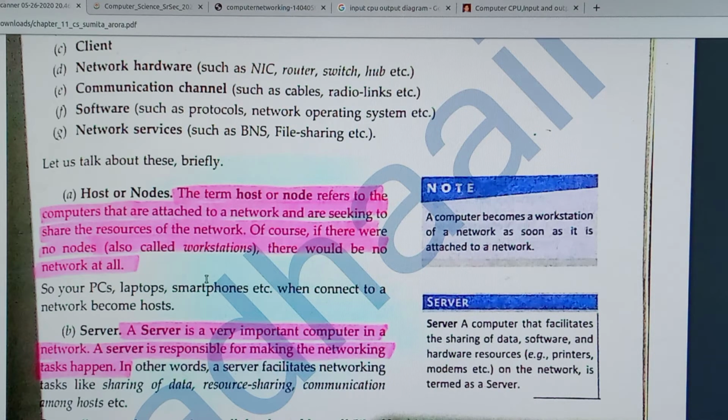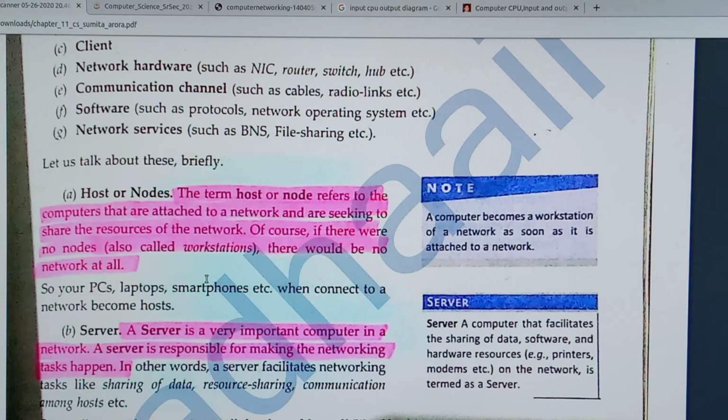Clients are those systems that make requests to the servers. The server is another system that facilitates networking tasks like sharing of data, resource sharing, and communication among hosts. These are the main duties of a server.